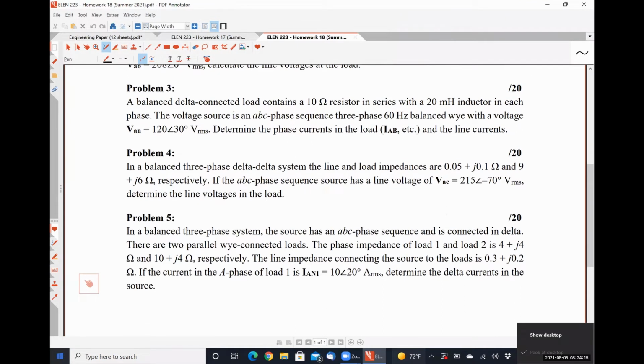So problem 5 here: a balanced 3-phase system, ABC phase sequence. We have a delta-connected source and then two parallel Y-connected loads, and we want to find the delta currents in the source.